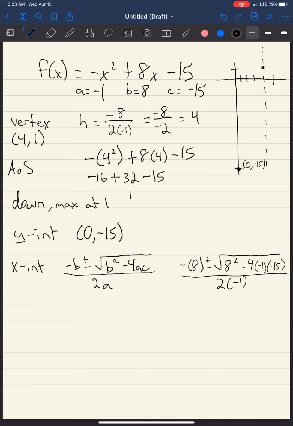So negative times the 8 is just going to be negative 8 plus or minus square root. 8 squared is 64. And then negative 4 times negative 1 is positive 4. And 4 times negative 15 is negative 60. And then 2 times negative 1 is just going to give us negative 2.